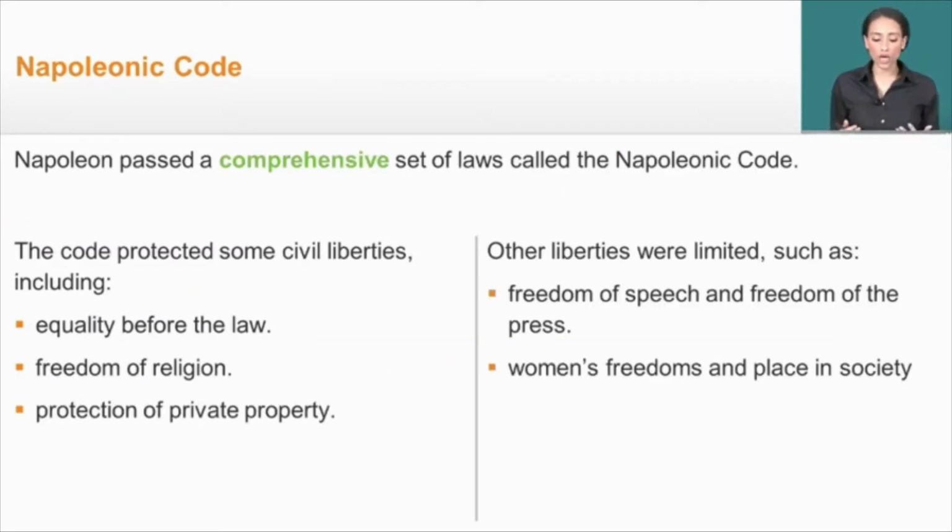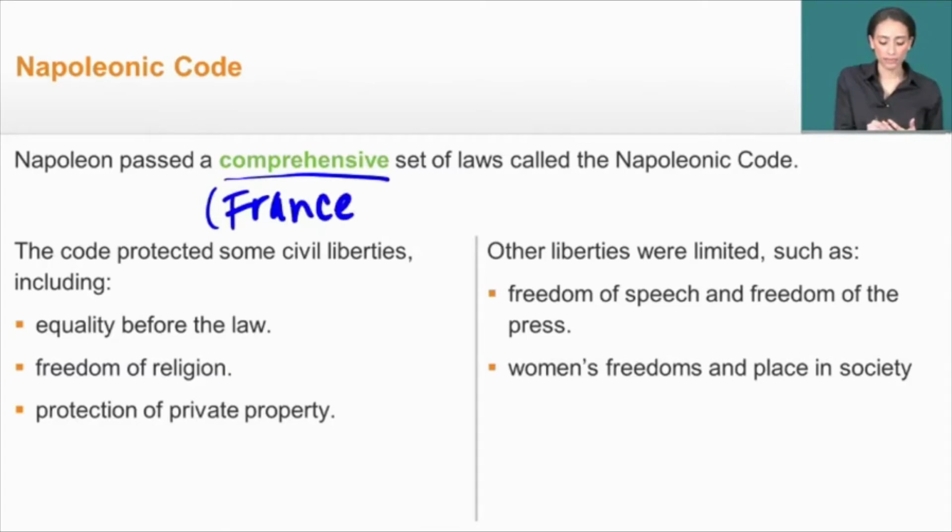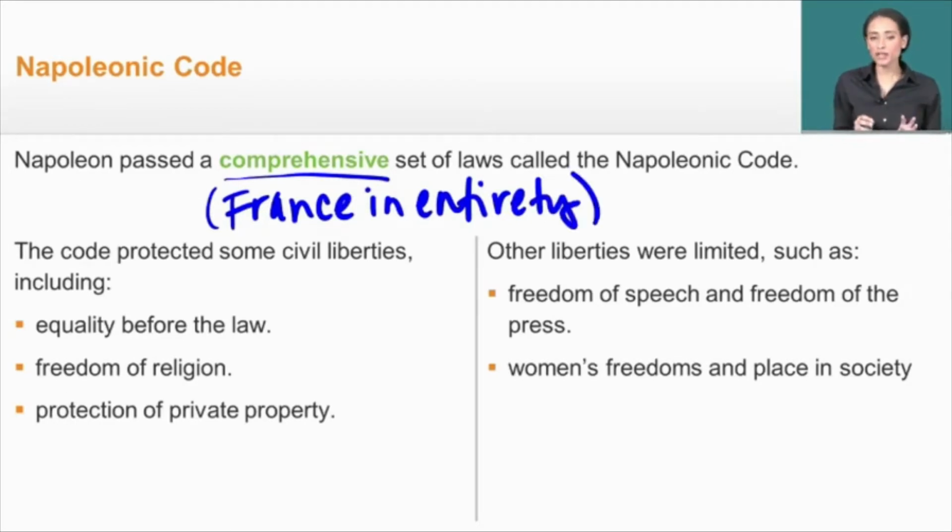The Napoleonic Code was a comprehensive set of laws. Now, this meant that the laws were enforced throughout France. And in some ways, the Napoleonic Code reflected these Enlightenment ideals that Napoleon said that he believed so much in.